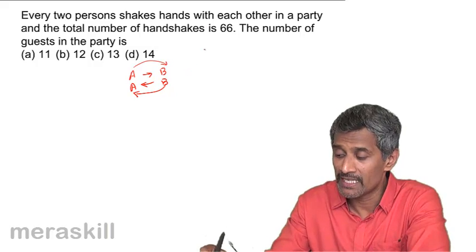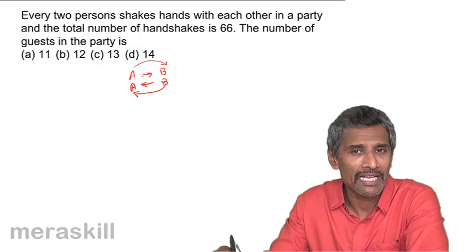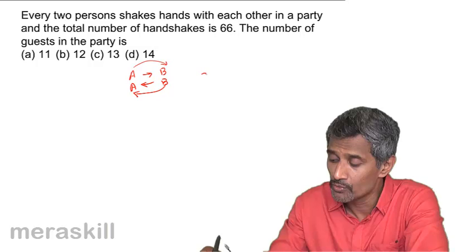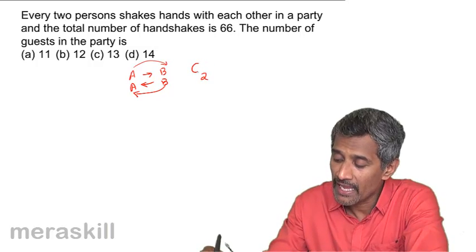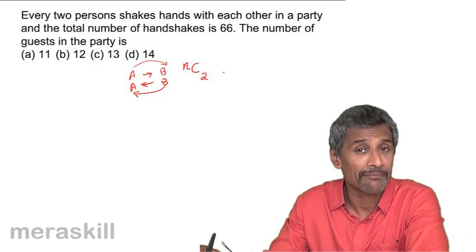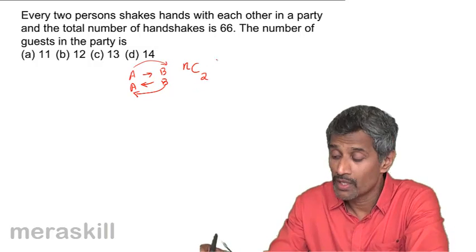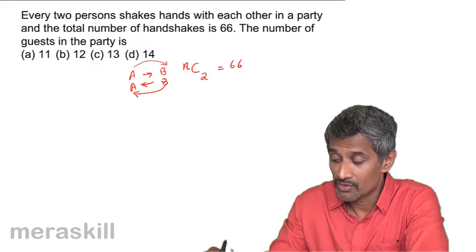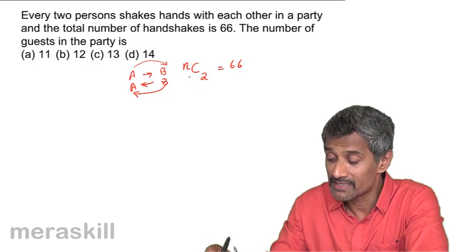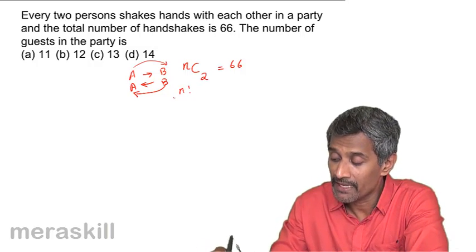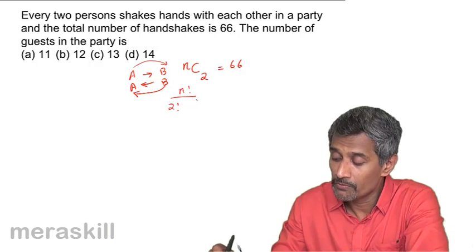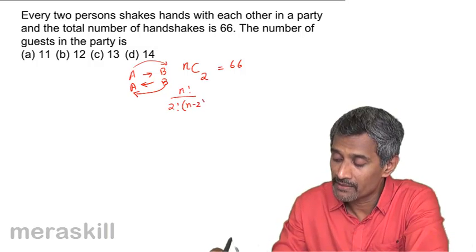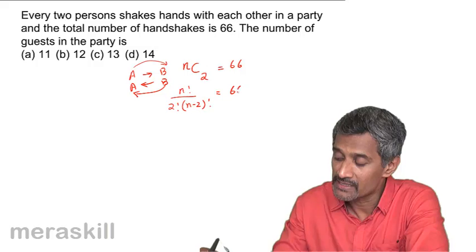So basically, the handshake is between two people. So two people are shaking hands out of n of them, nC2, and this turns out to be 66. So nC2 is 66, which means n factorial upon 2 factorial into n minus 2 factorial is 66.